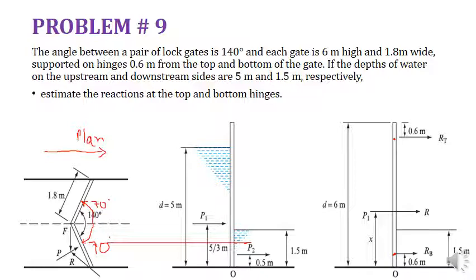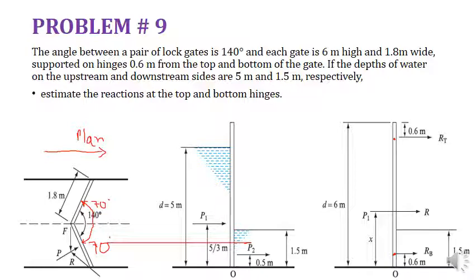In between you may have other distances, but this is the total 6 meter height. Out of this total height of the gate, 0.6 meter from the top and 0.6 meter from the bottom has been left for the hinges. So hinges are located at the top of this gate and at the bottom over here.